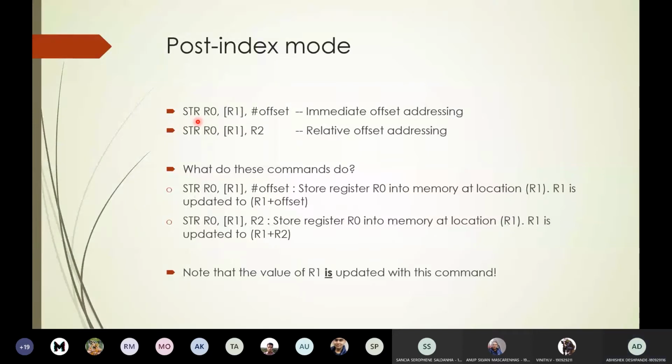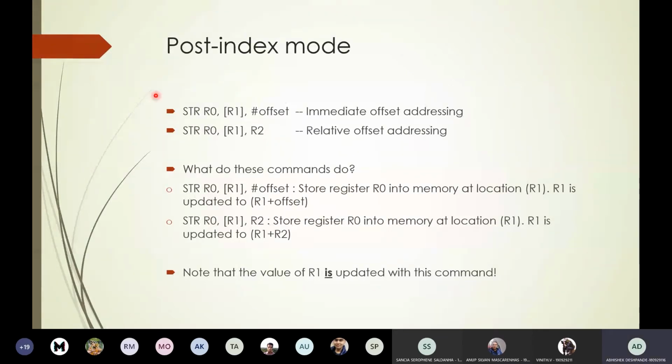Now, you covered accessing the memory location at R1 plus offset in both pre-index modes. But what if you want to update R1, but you don't want to access the memory location at R1 plus offset? You just want to access the memory location at R1. So this is what post-index mode does for you.